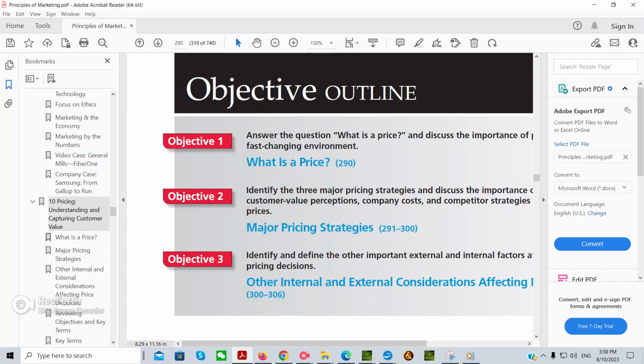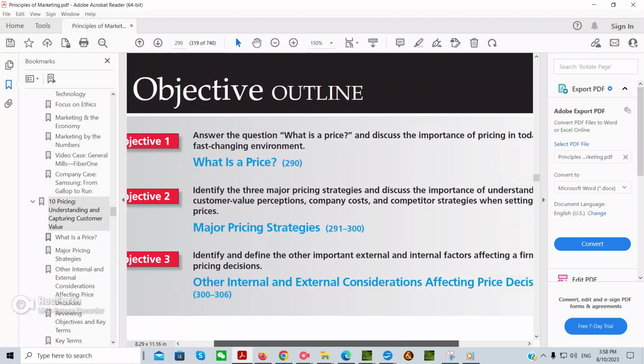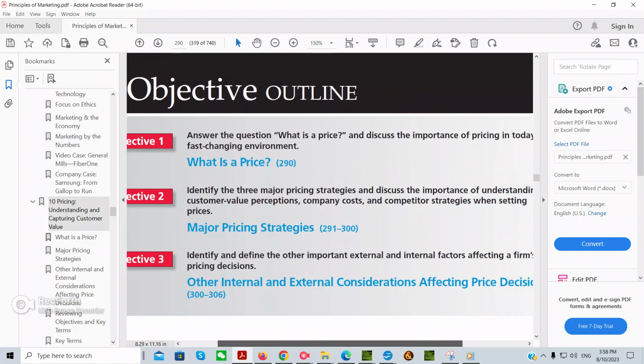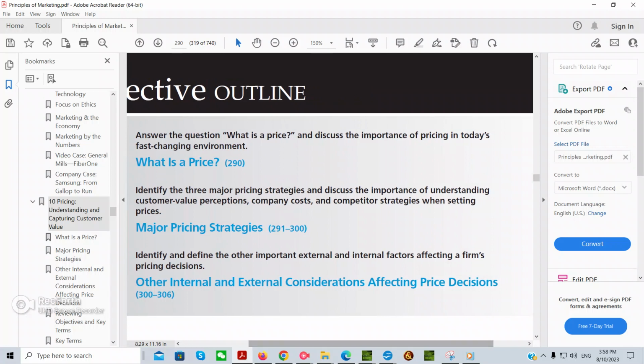All right. That being said, let's move on to the next section. So that was just the introduction. Now, let's talk about the three objectives for this chapter that we need to learn. First one, we want to answer the question, what is price? And discuss the importance of pricing in today's fast-changing environment.